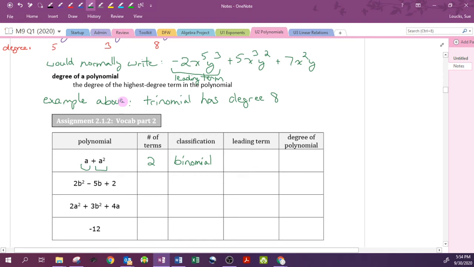It doesn't have a specific name. The leading term of this one would be the a squared, because this has degree 1 and this has degree 2. So my degree 2 is going to be my leading term.